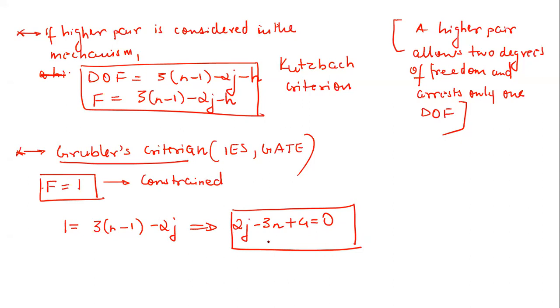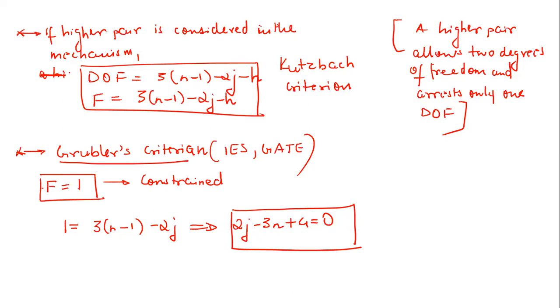You will be provided with, let's say, the number of links and number of revolute pairs, and you will be asked whether this mechanism is constrained or not. You have to simply put this formula 2j minus 3n plus 4 is equal to 0, check the left hand and right hand side, and if this equation is satisfied, then you will say that this mechanism satisfies the Grubler's criteria and it is a constrained mechanism.